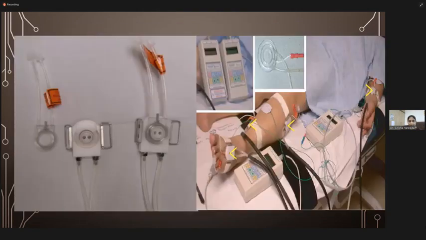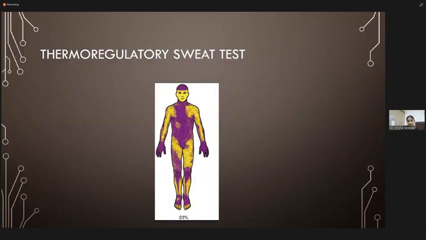Okay. The next test is the thermoregulatory sweat test. Here we are checking the sweat production, which is a pseudomotor function. We are checking in which areas there is sweat production, and what is the pattern of the loss, or whether it is normal. The patient has to stay in a chamber where the temperatures are all quantified.